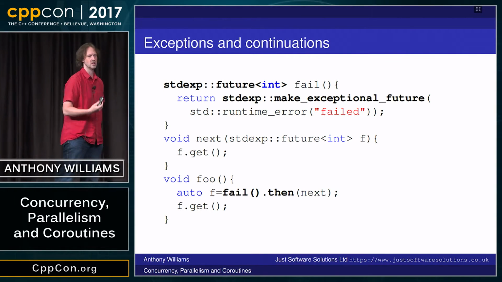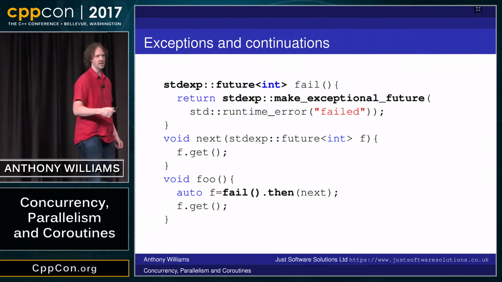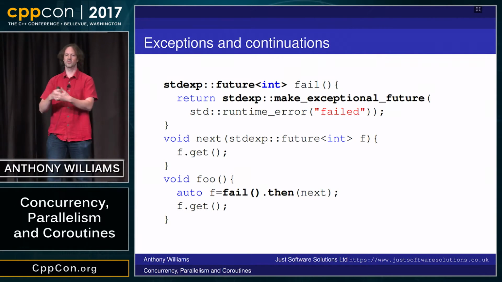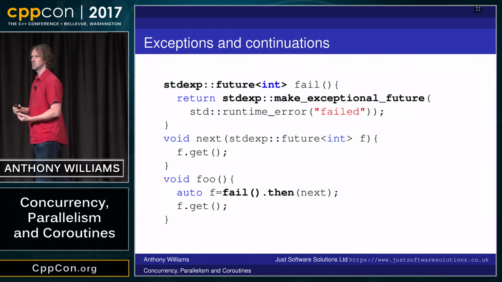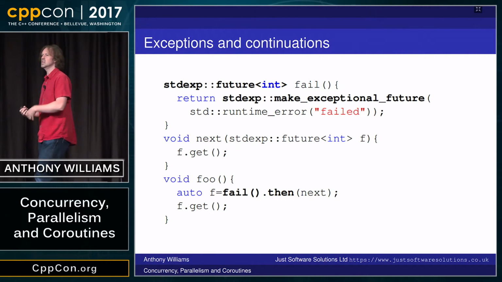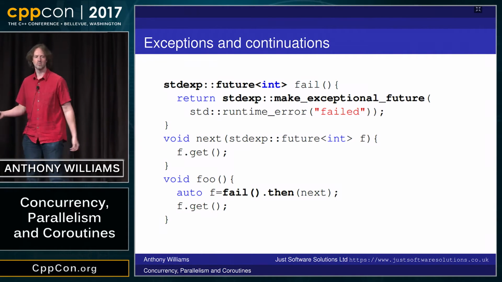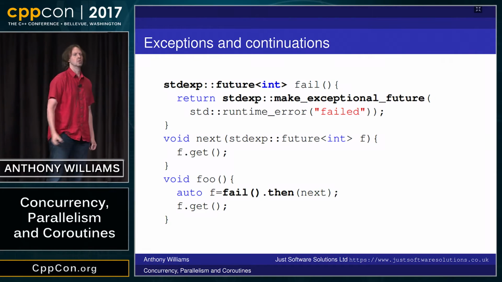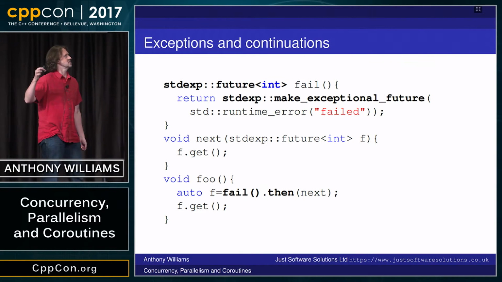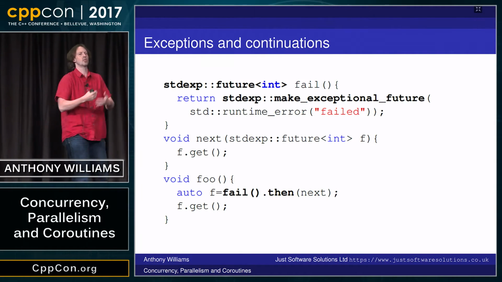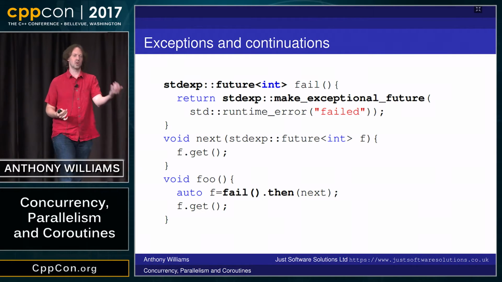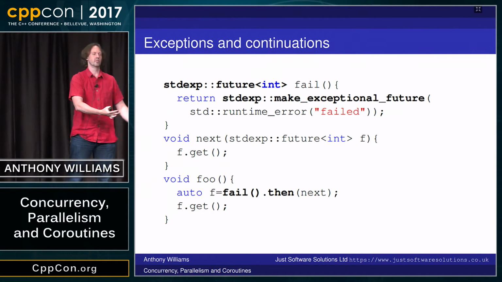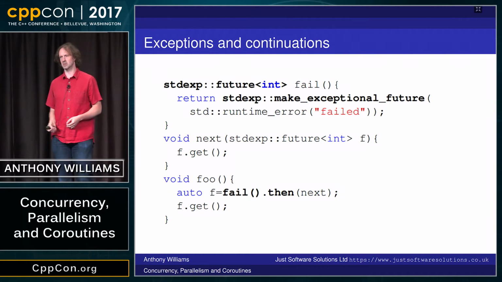If the future contains an exception, then the exception gets stored in the future that's passed to the continuation, and like normal futures, if you then call get, it will throw. So the concurrency TS has this nice function, make exceptional future, which directly stores the exception in the future, so you don't have to try and catch and store a value directly or use promise.set_exception or anything.